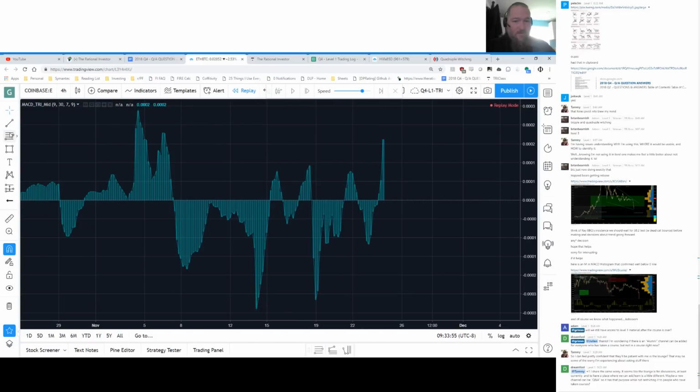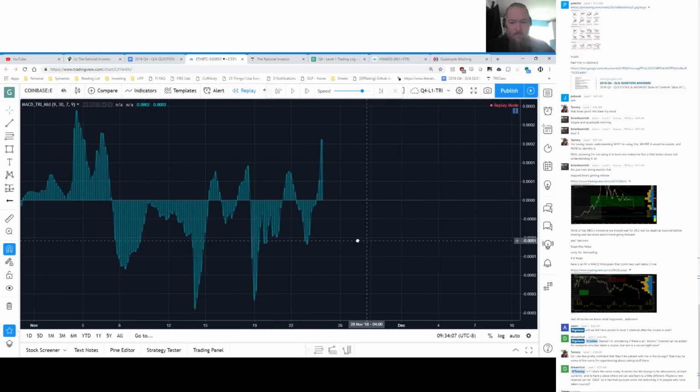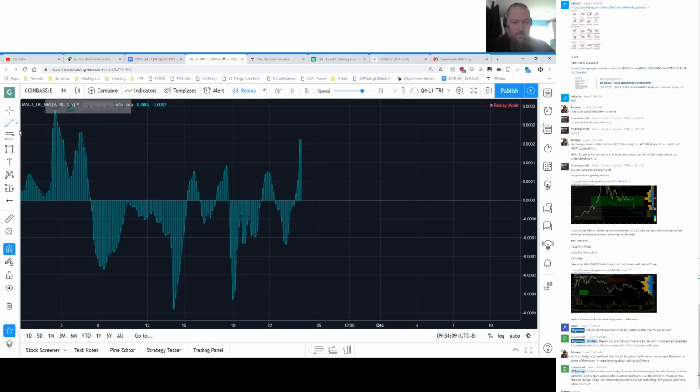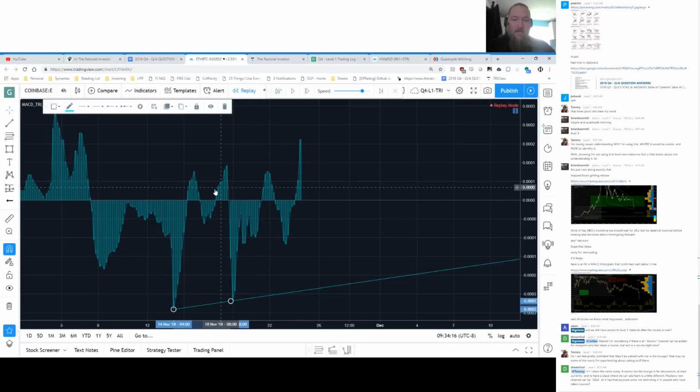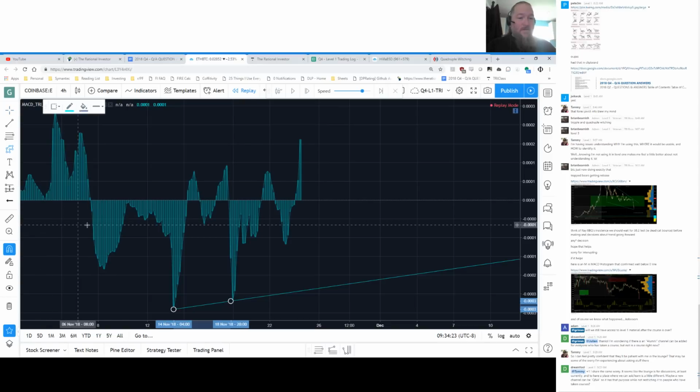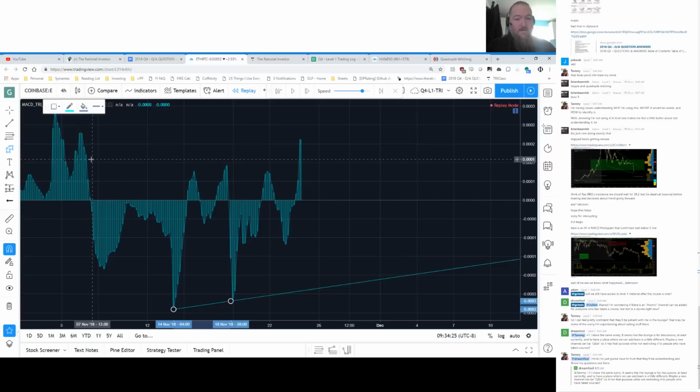Here we've got higher lows here. Now, for higher lows, ideally, for me, I want to have some kind of W in place.